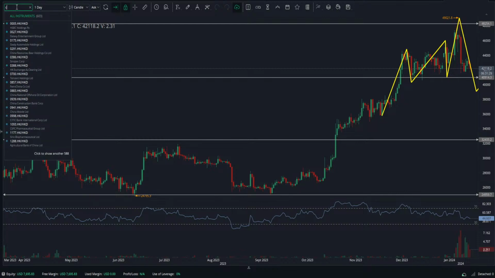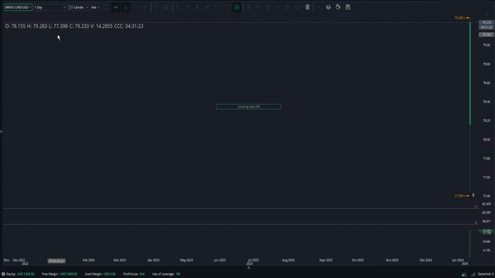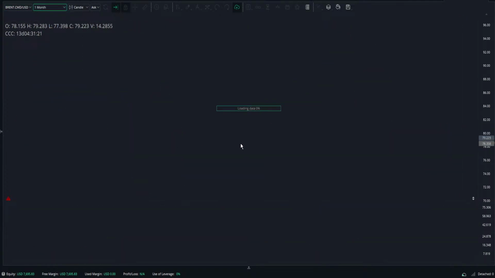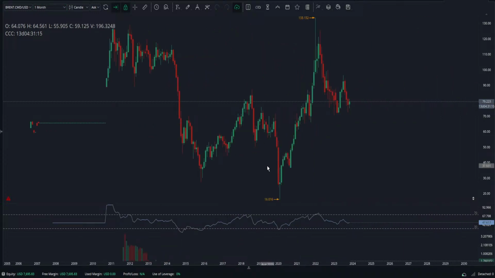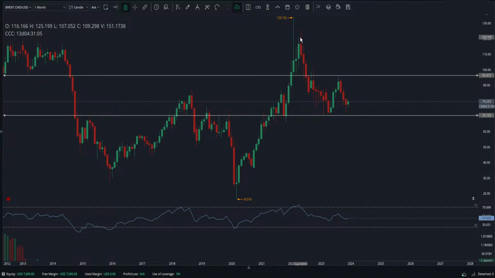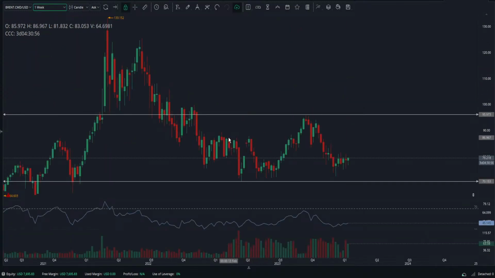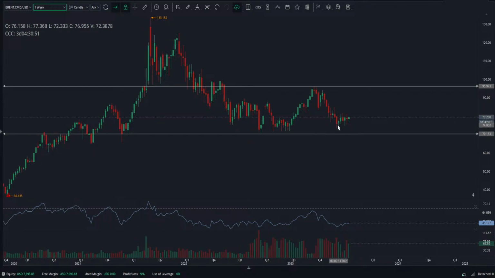Crude oil, right? Crude oil, Brent. So we will discuss Brent, okay? Crude oil is actually in the sell mode on the monthly. In the weekly also it is a sell.